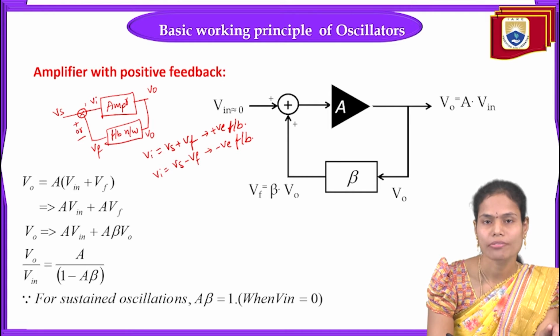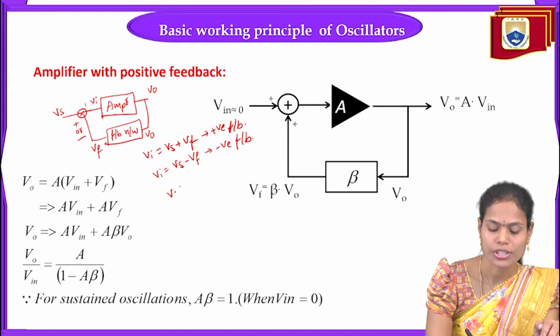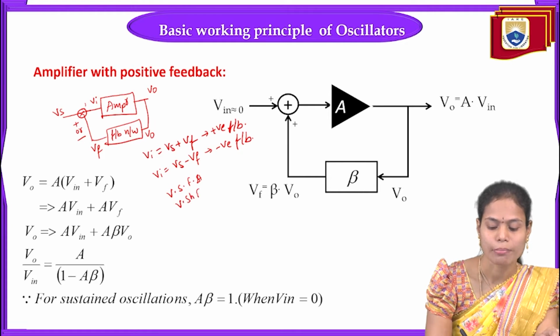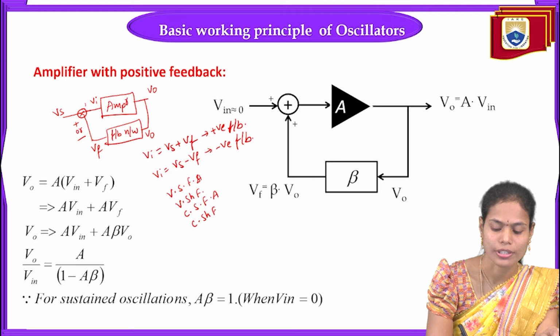In the case of amplifiers, we have 4 types: current amplifier, voltage amplifier, transresistance amplifier, as well as transconductance amplifier. For these 4 amplifiers, when we provide negative feedback, we get 4 types of feedback amplifiers: voltage series feedback amplifier, voltage shunt feedback amplifier, current series feedback amplifier, and current shunt feedback amplifier.